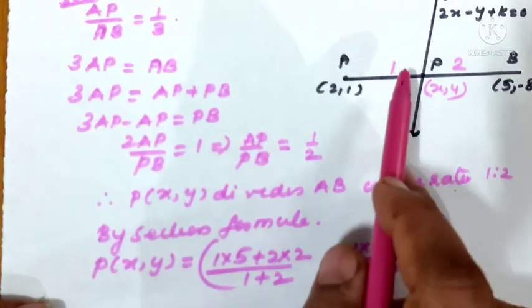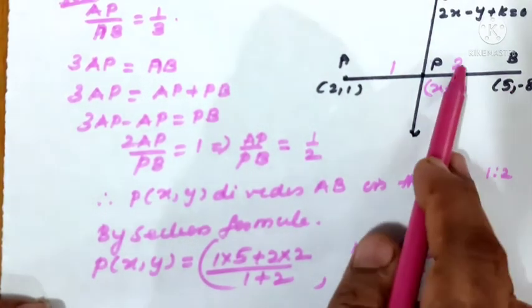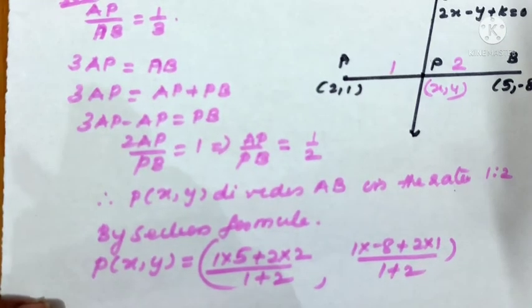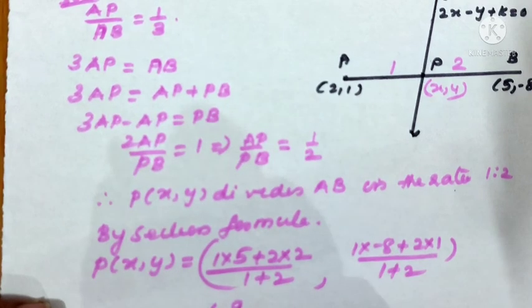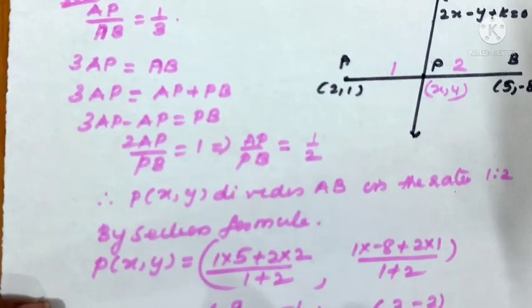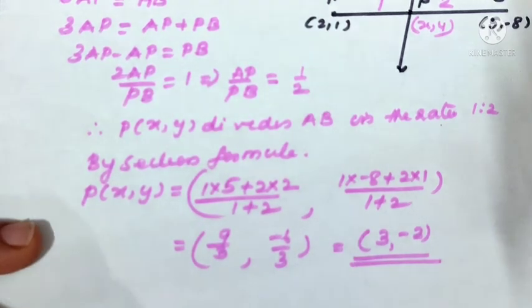I have used 1 first this time, so 1 into the far coordinate 5 plus 2 into 2. So 5 plus 4 is 9, 9 divided by 3. Again, minus 8 plus 2, that is minus 6 by 3. So our answer is (3, -2). So we got the coordinates of P as (3, -2).